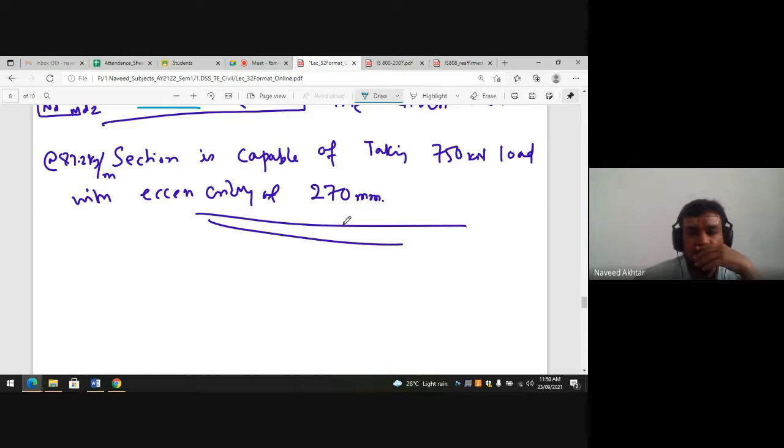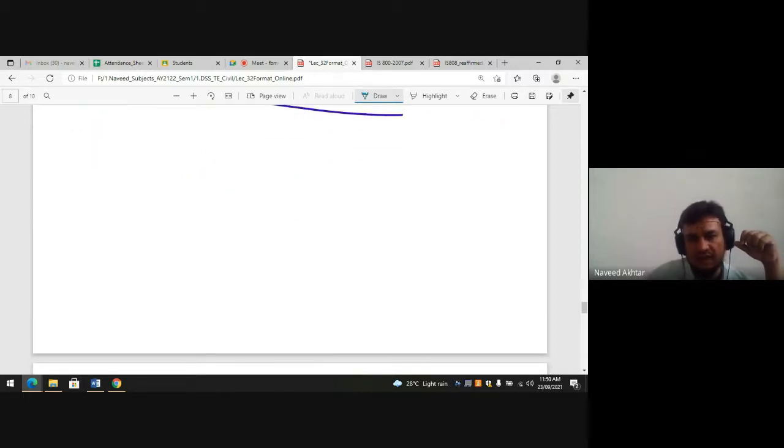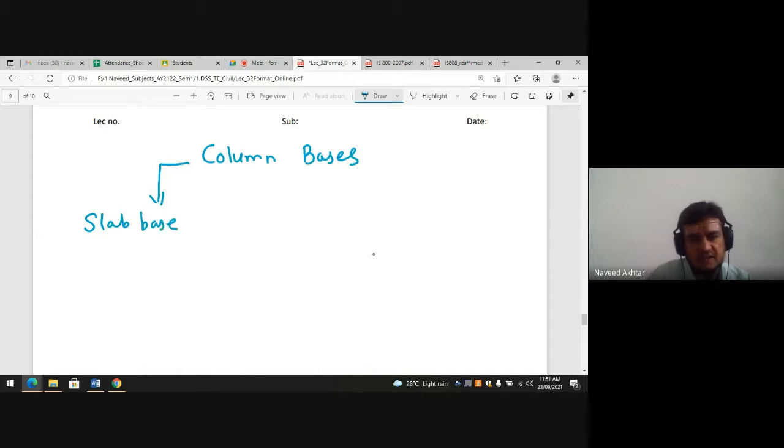Okay, and from tomorrow, as we have completed this, we will start column bases. Column bases, based on loading or bending moment, are of three types: slab base, a flat base where simply a plate is below the column; gusseted base for medium load; and the third one is the moment resisting base.